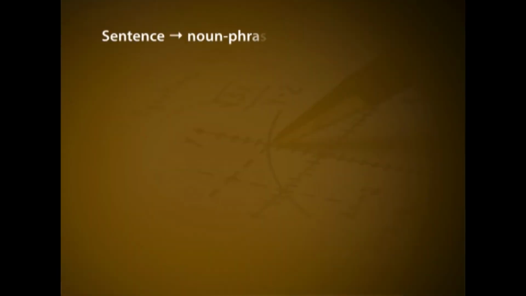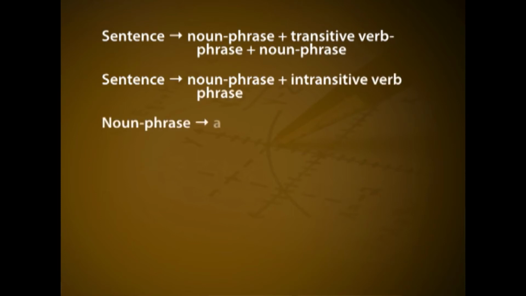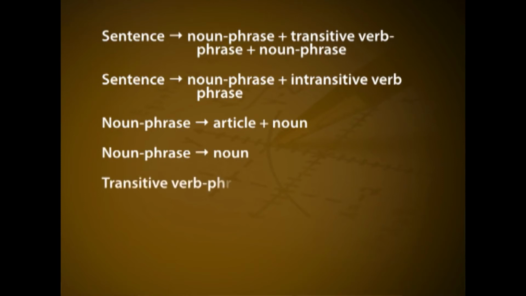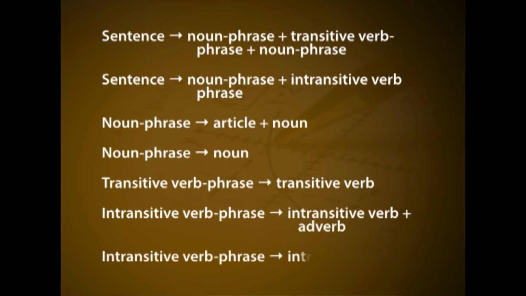Sentence is noun phrase plus transitive verb phrase plus noun phrase, or sentence is noun phrase plus intransitive verb phrase. Noun phrase is article plus noun, or noun phrase is just a noun. Transitive verb is considered as transitive verb phrase. Intransitive verb phrase is intransitive verb plus adverb, or intransitive verb phrase is just an intransitive verb.